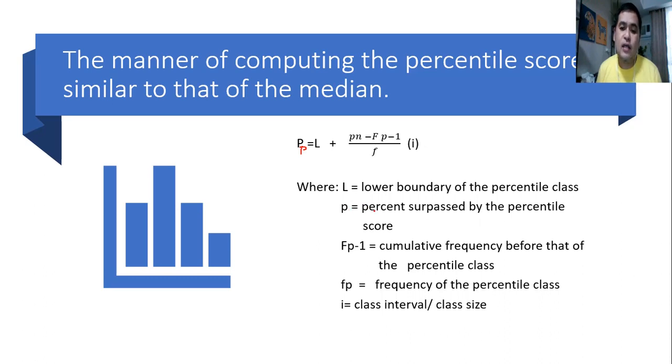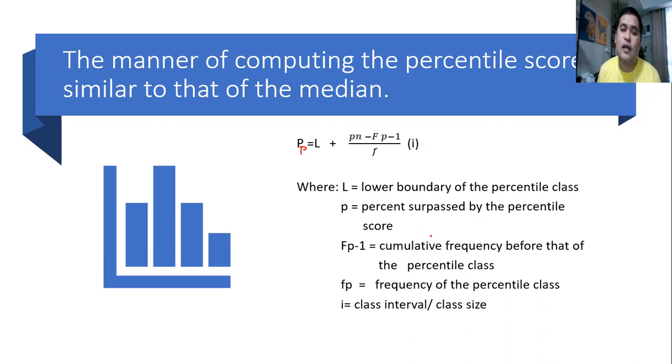And your P is the percentage expressed by the percentile score. Say for example, P25, that means that's 0.25. Fp minus 1 is the cumulative frequency before that of the percentile class. So this is just below the cumulative frequency of the percentile class.